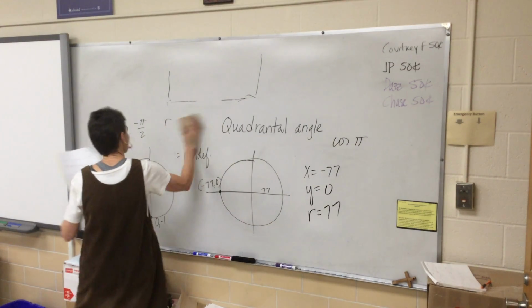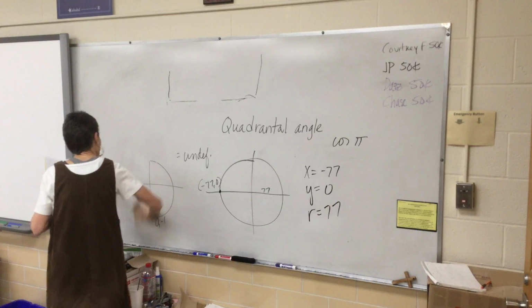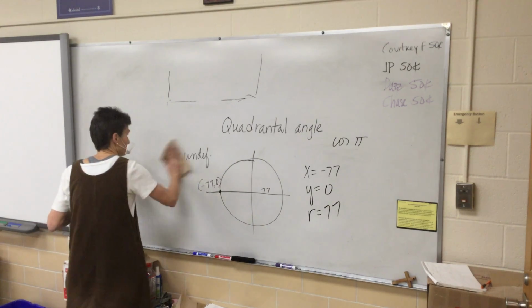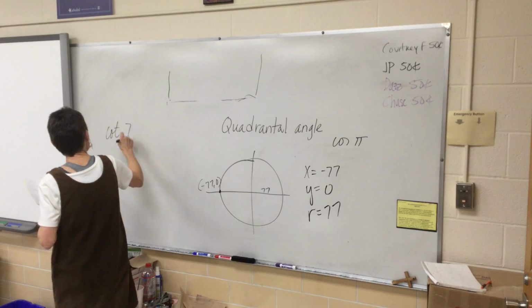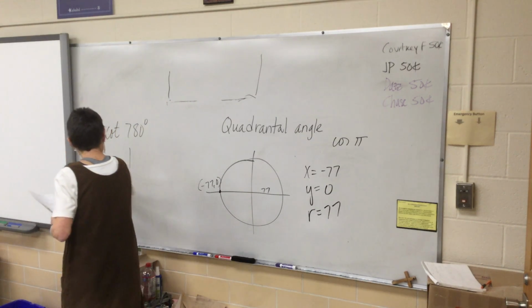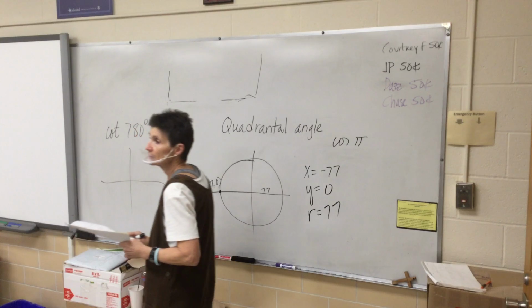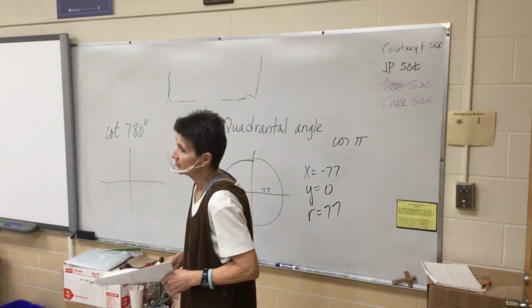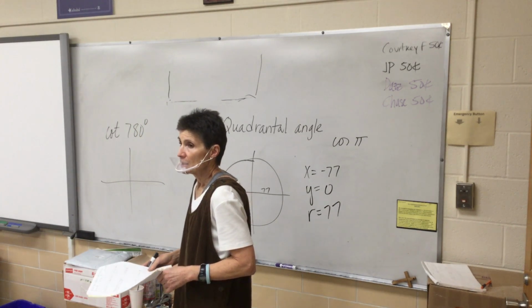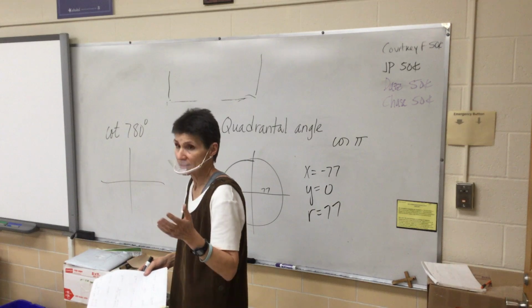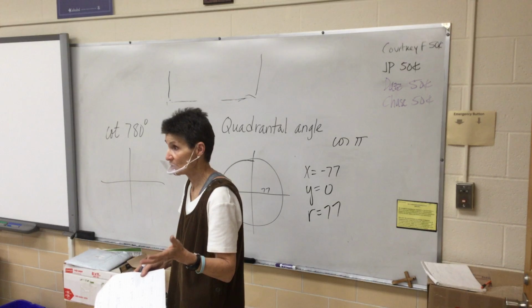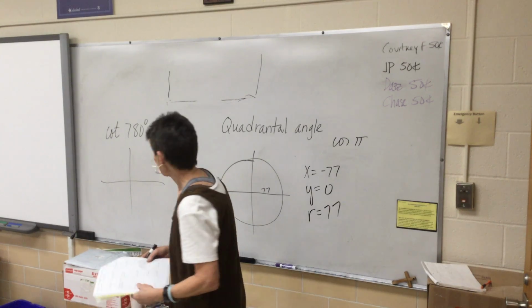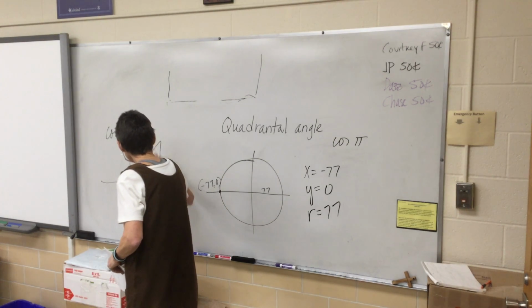Cotangent 780. Tell me about 780. Way too big, right? In fact, I can go around twice and still have 60 degrees left over. So I'm going to draw my triangle just like this.